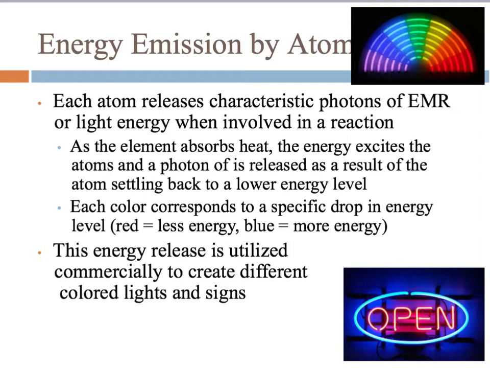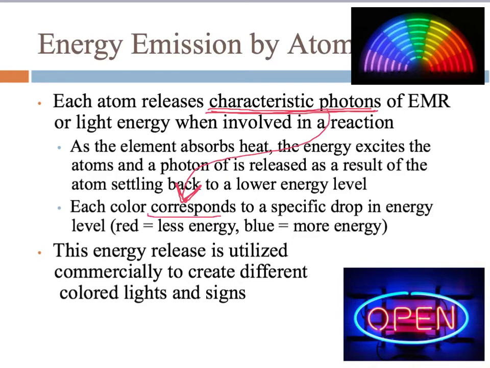So what that all means to us and how we can see this happening in real life is we know now that each atom, every type of element, releases characteristic photons. Not every element releases all the same photons, which is really interesting, and we'll talk more about that. But the more exciting part of these characteristic photons is that the energy they have corresponds to a specific color.